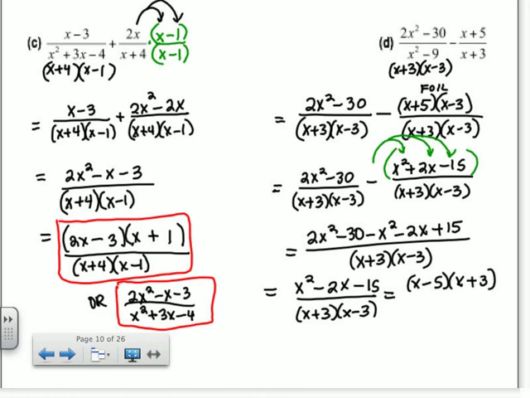That's how that factors, because they multiply to be negative 15, add to be negative 2. So x plus 3 times x minus 3. So when you do that, the x plus 3's cancel. So your final answer is just x minus 5 over x minus 3. So that's why it's nice to leave the denominator in its factored form throughout the problem, because sometimes things cancel. Okay, understand that? All right, is that the end of 9-2?